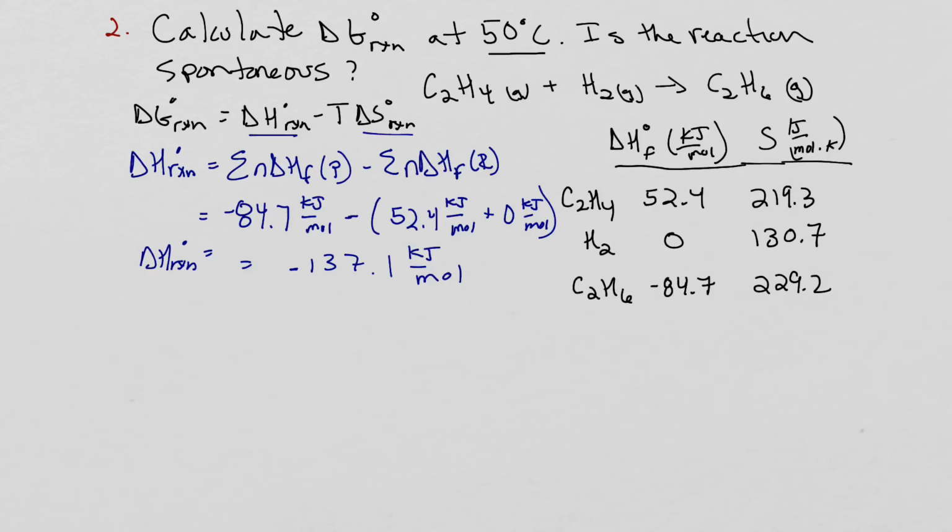Now, we're going to do the same thing for delta S. We're going to calculate our delta S of reaction, again, using the same kind of calculation as we did here. We do our products minus reactants, so instead of writing out that equation, I'm just going to plug in my values.